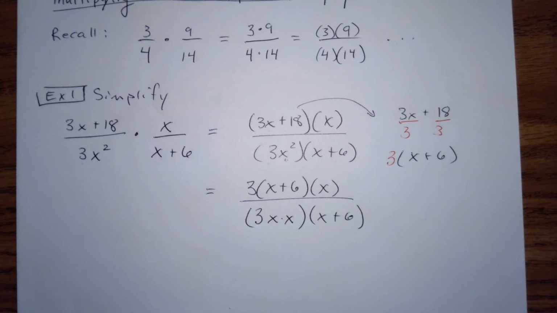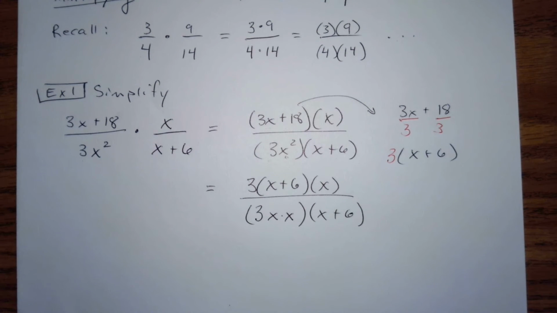So far, any questions? Now this is as simple as we can get it, but again, we have to figure out the restrictions by setting the denominator equal to 0 and solving.